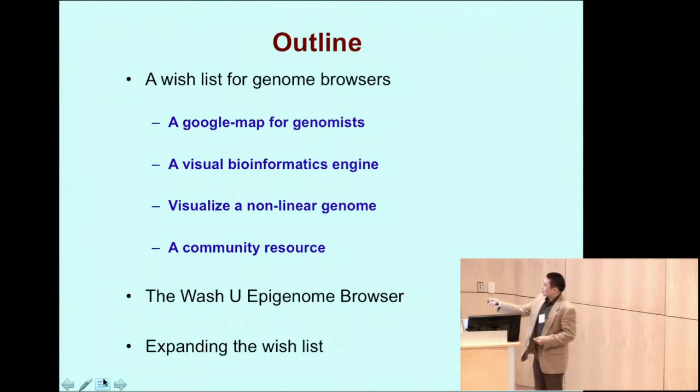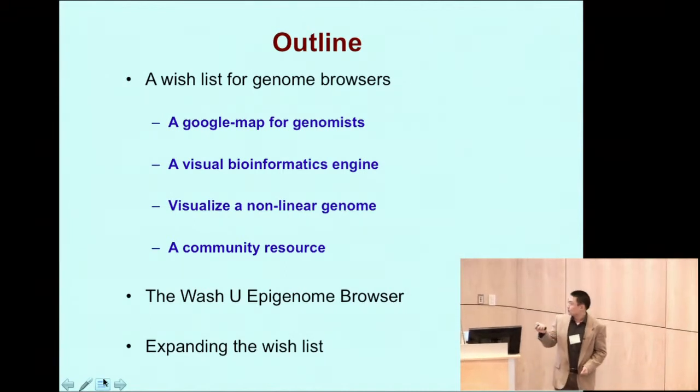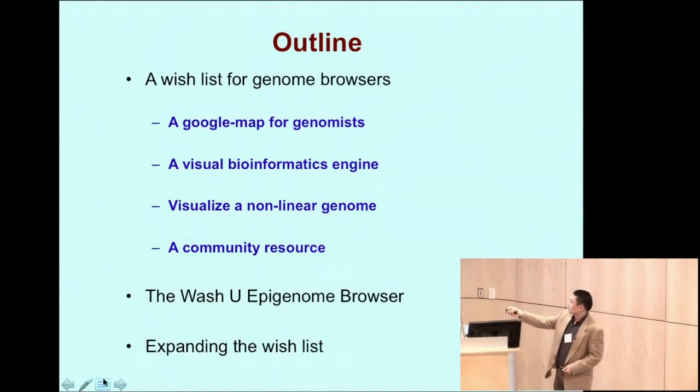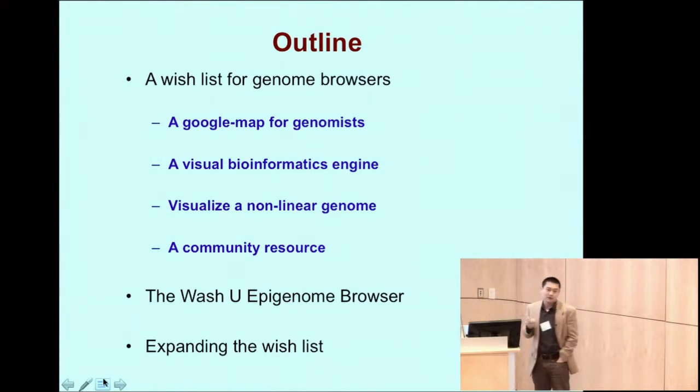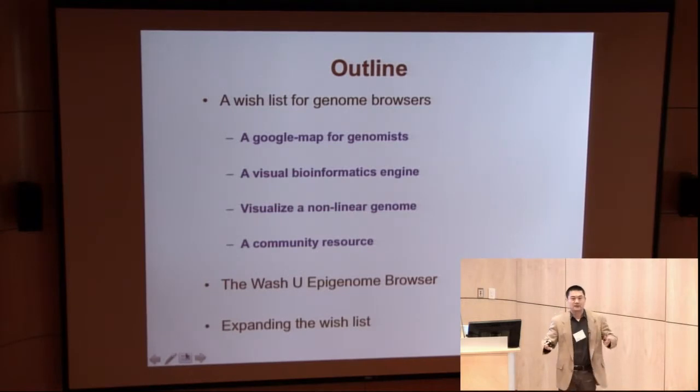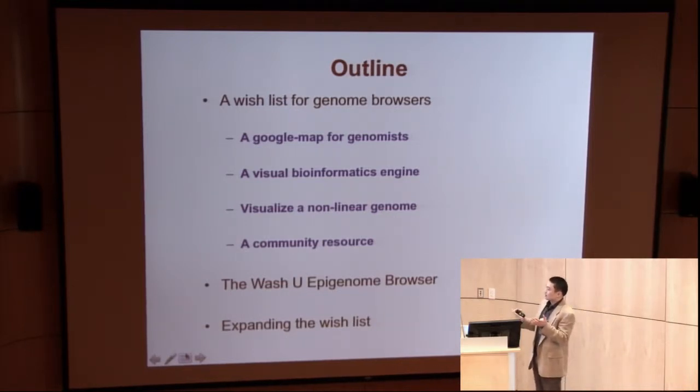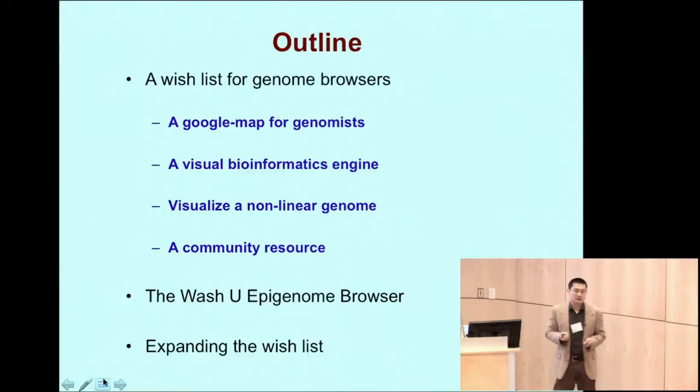The challenges outlined two years ago include a very important one, visualizing the genome as a linear system. And we also want Genome Browsers to be a community resource, a database, a Google engine where you can do your research, run your queries, and tap into all sorts of resources out there.